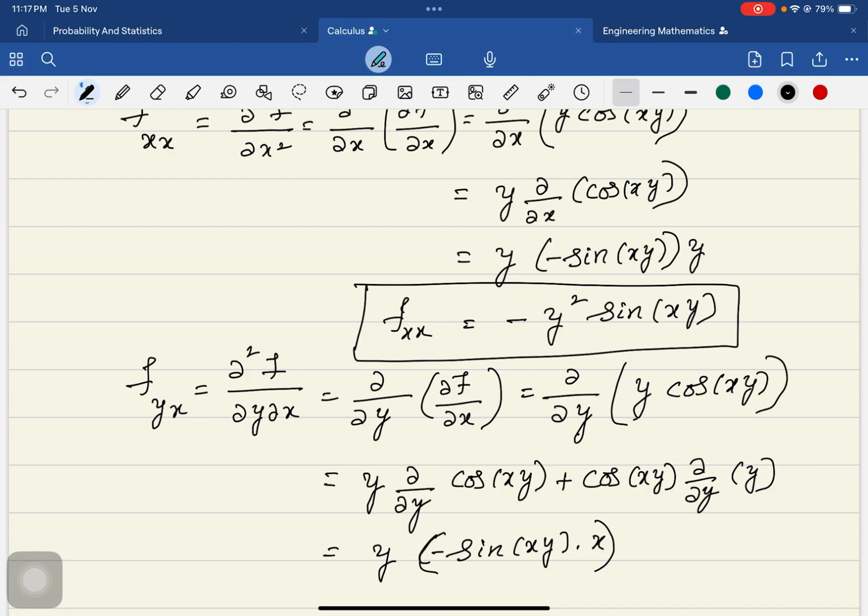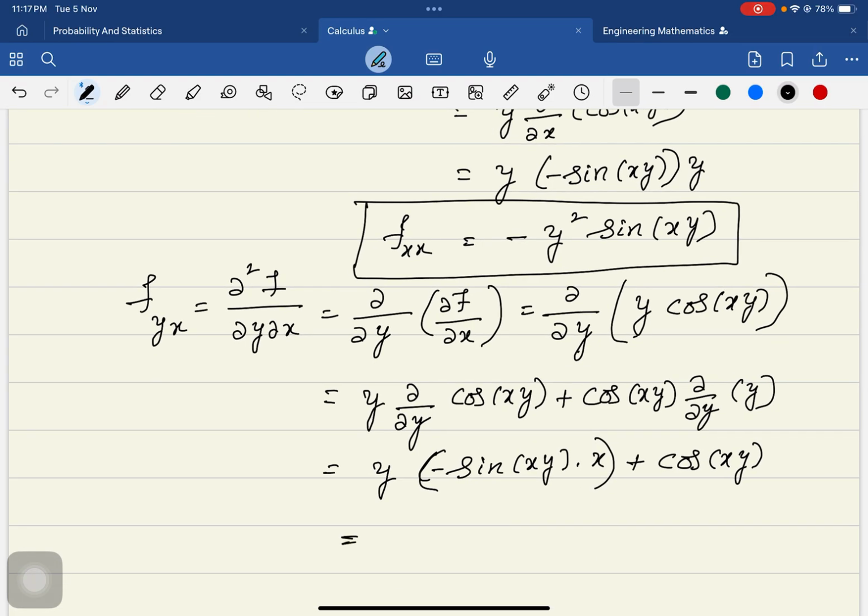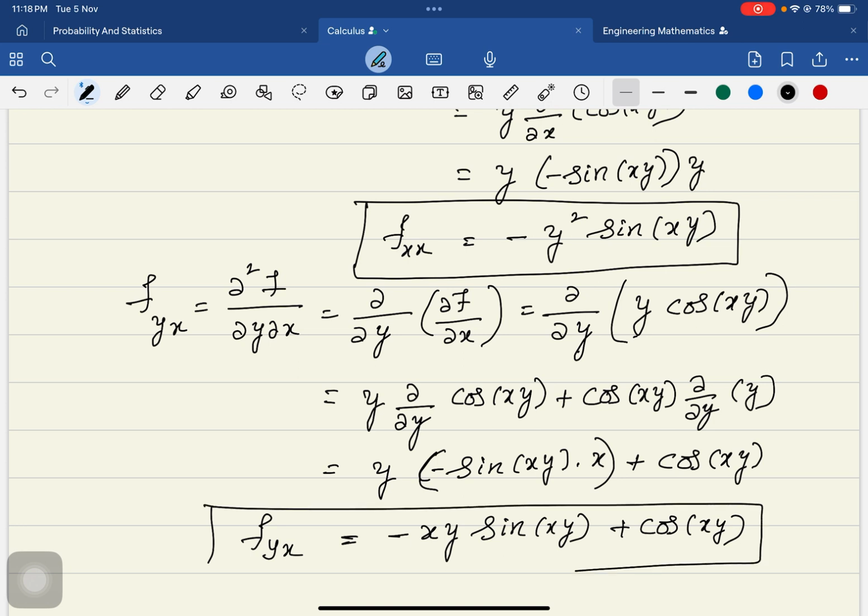Understood? And then plus cosine of xy, the derivative of y becomes 1. So the value of fyx is given by minus xy times sine of xy plus cosine of xy. This is your second order partial derivative.